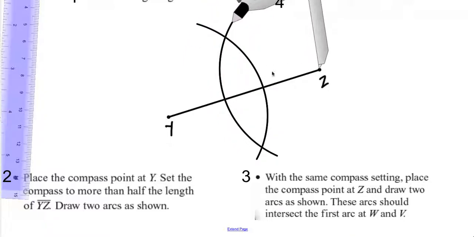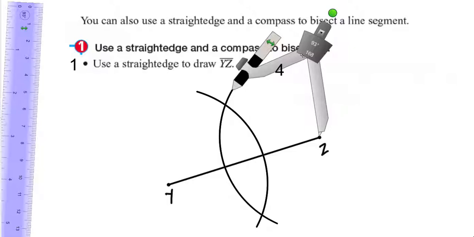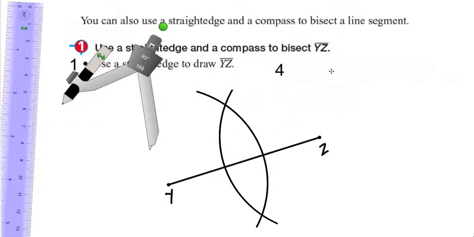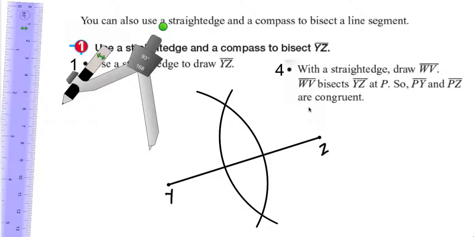So you notice that the two arcs will now intersect, and this is where we go to step number 4. Step number 4 is simply saying that with a straight edge, draw segment WZ, and this is WZ right here. Where they intersect will be point W, and this will be point V, WV.